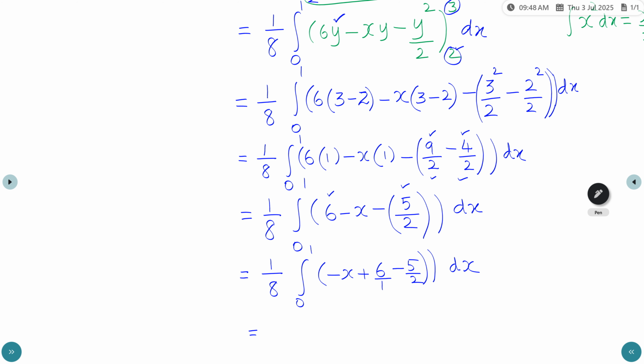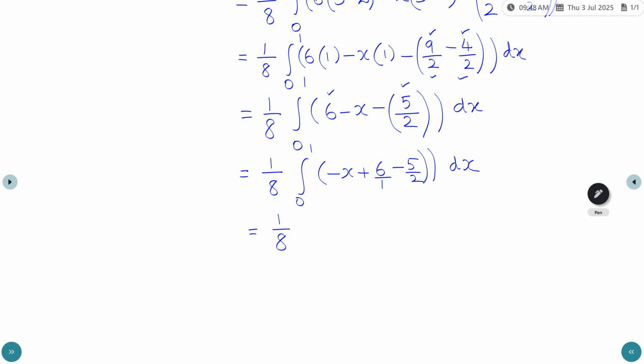So next step, 1/8, integral over 0 to 1, minus x. So take the LCM, that is, multiply these two terms. Denominator 2, 6 twos are 12, minus 5.